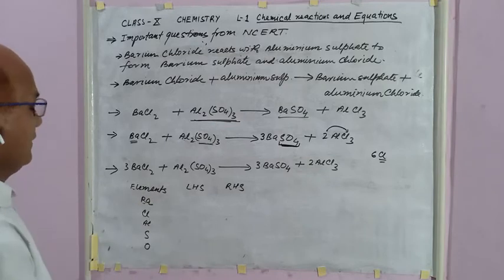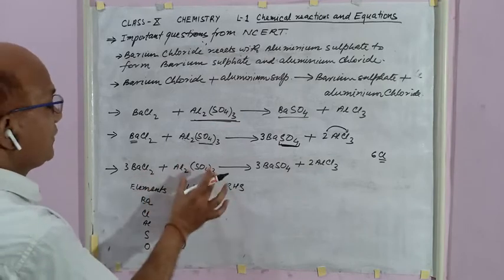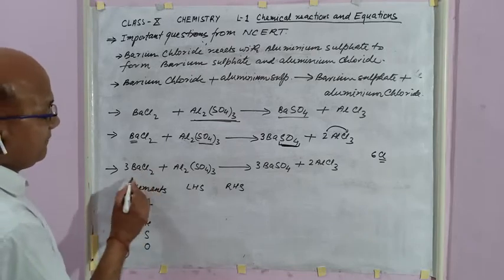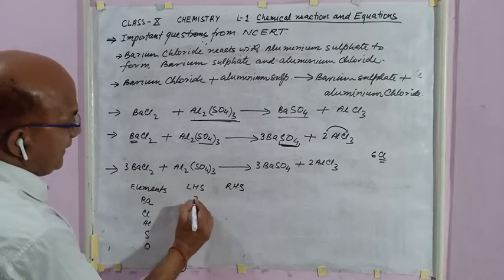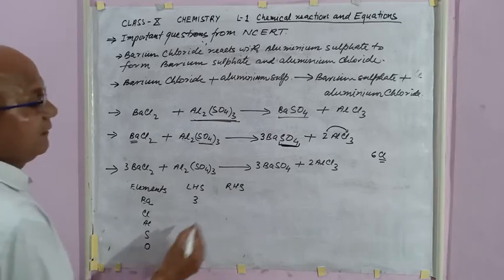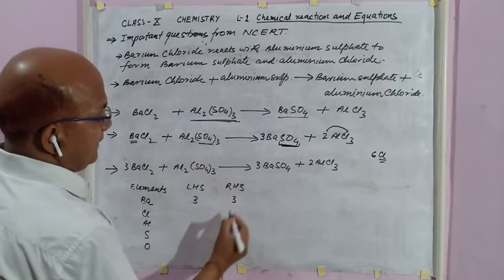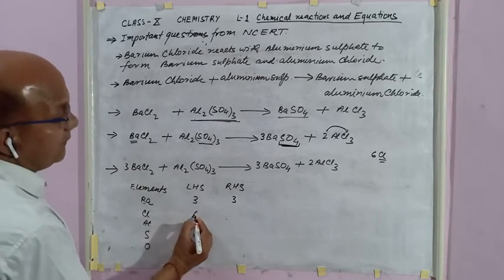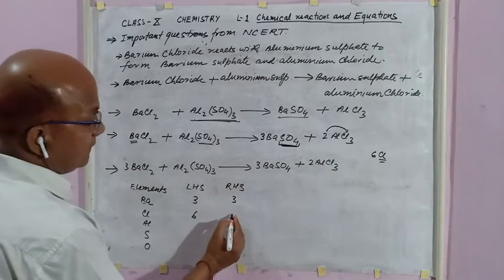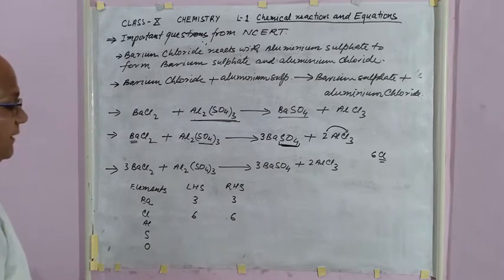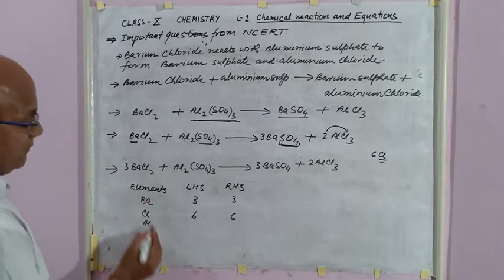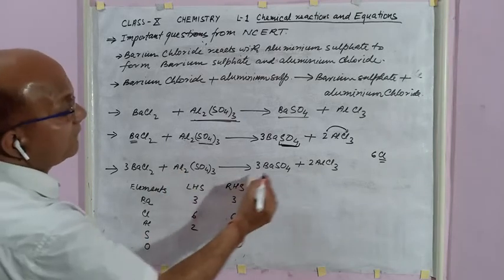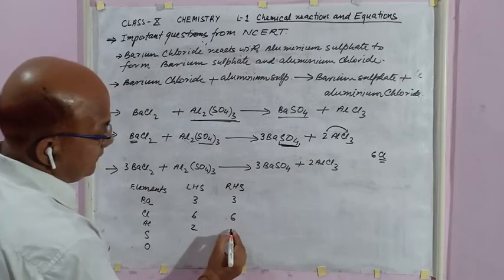These are the elements in this chemical equation. Barium, 3 atoms on the left side and 3 atoms on the right side. Chlorine, 3 2s are 6 chlorine atoms on the left side, and 2 3s are 6 on the right side also. Aluminium, Al2 means 2 aluminium atoms, and 2 Al means 2 aluminium atoms.